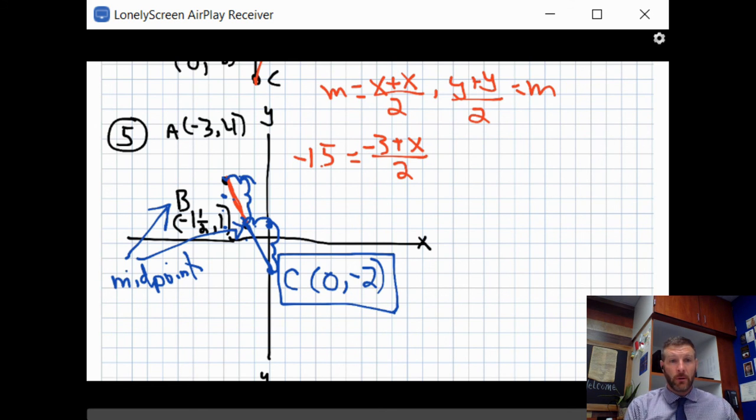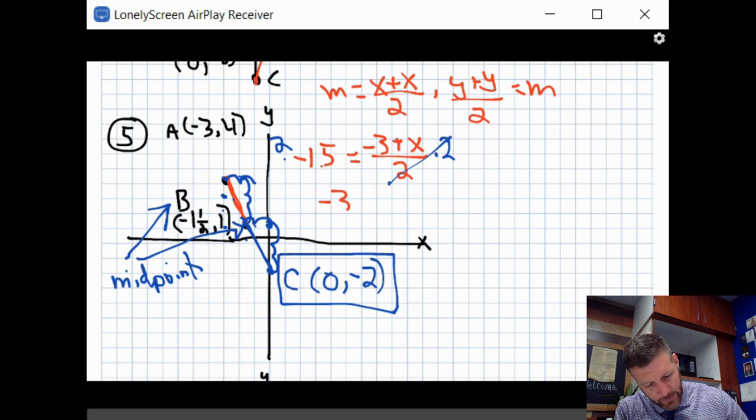Okay, so now if you look at this, I have an equation that I can solve. I can say -3 plus the unknown x value divided by 2 gave me the midpoint of -1.5. Well, let's undo that. Instead of dividing by 2, I'm going to multiply both sides by 2. So that cancels out, and 2 times -1.5 is going to give me -3.